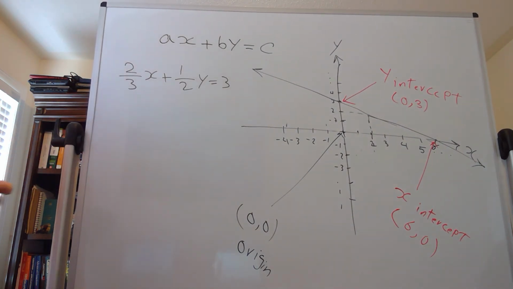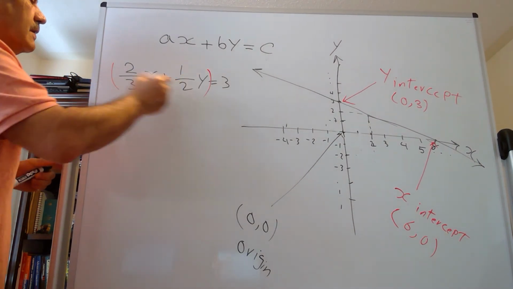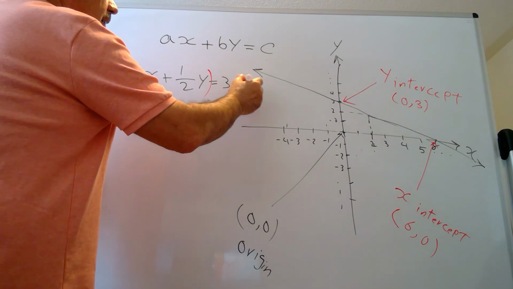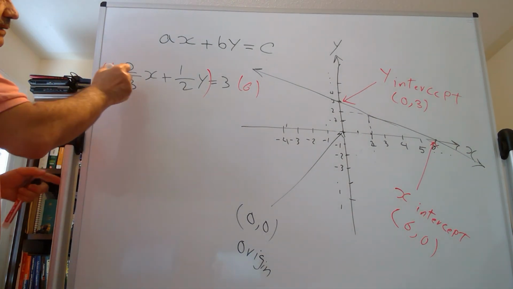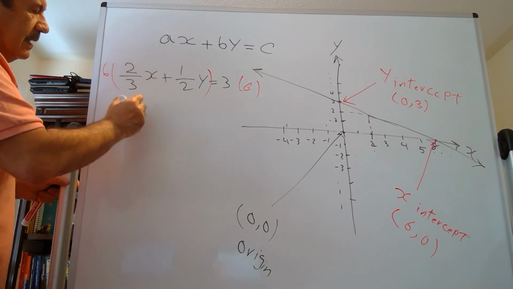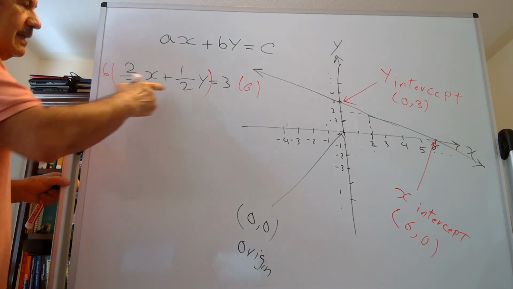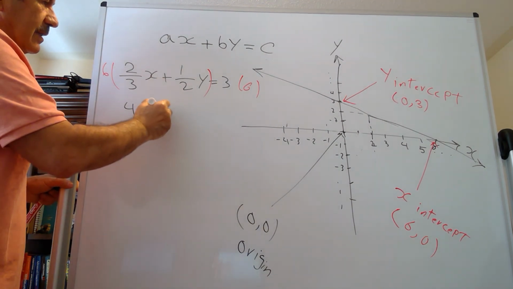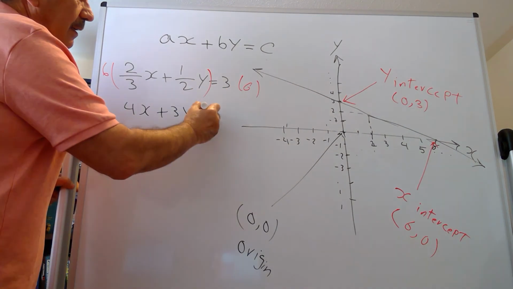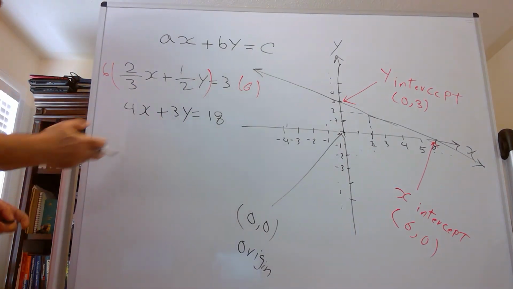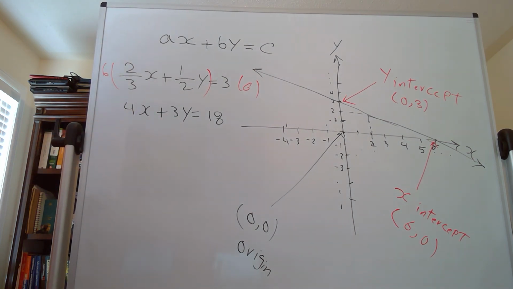If I multiply both sides by 6, then this 3 and this 6 cancel each other, and 2 times 2 is 4x. This 6 and this 2 cancel each other, giving 3y on this side. The other side is going to be 18. Then we are eliminating the fractions and it is going to be easier to graph.